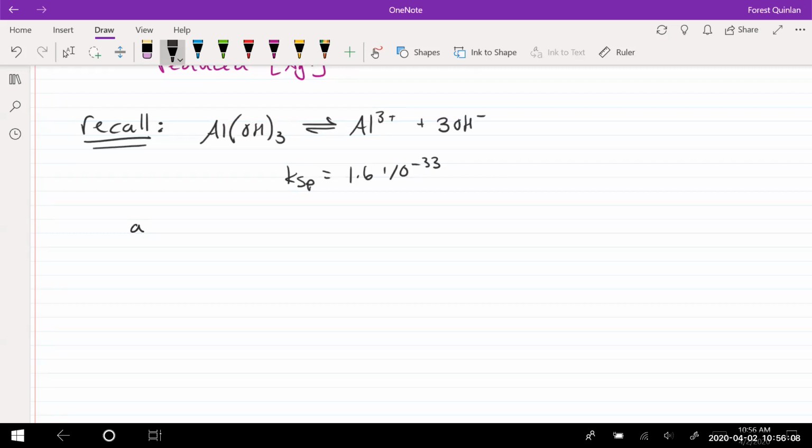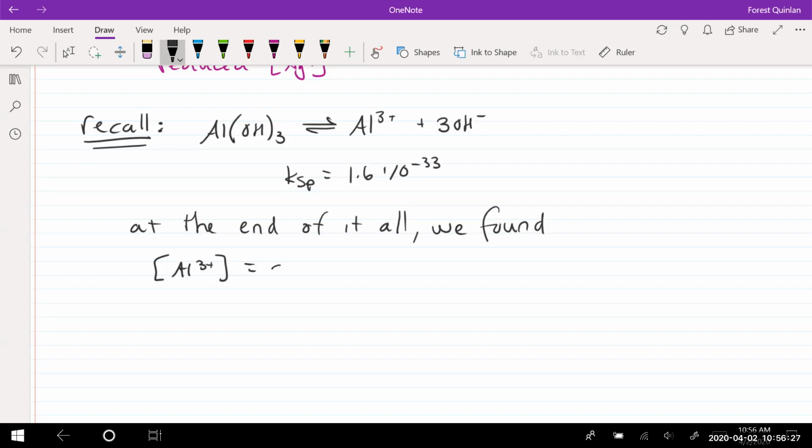At the end of it all, we found that the concentration of the aluminum 3 plus was equal to 2.77 times 10 to the negative 9.